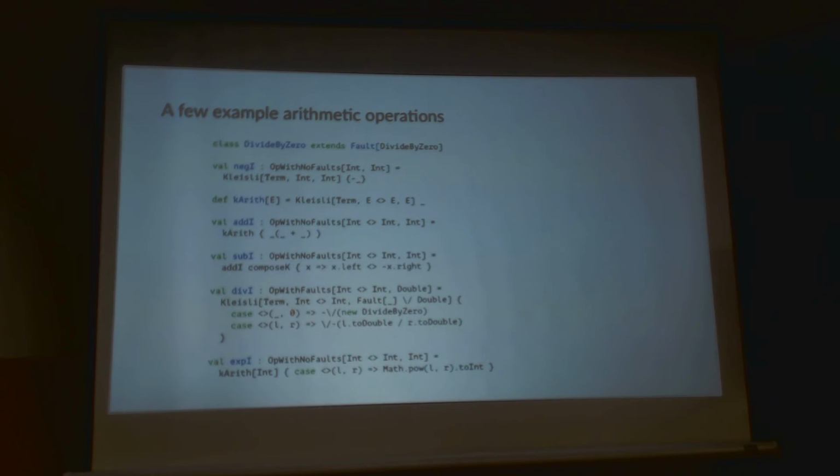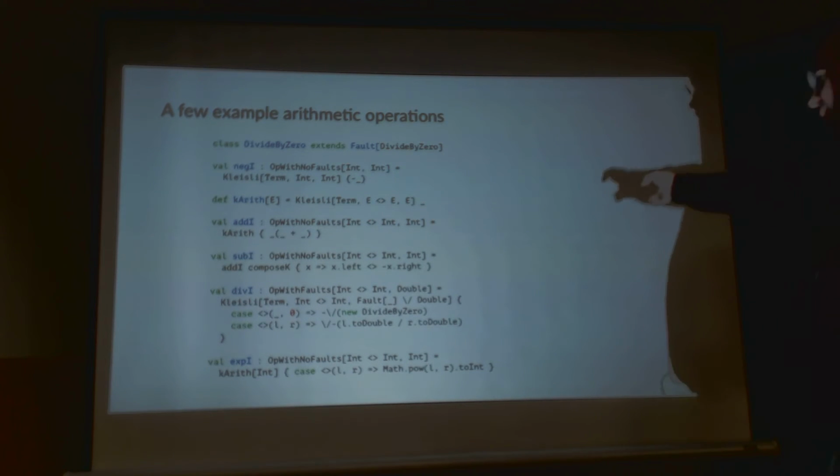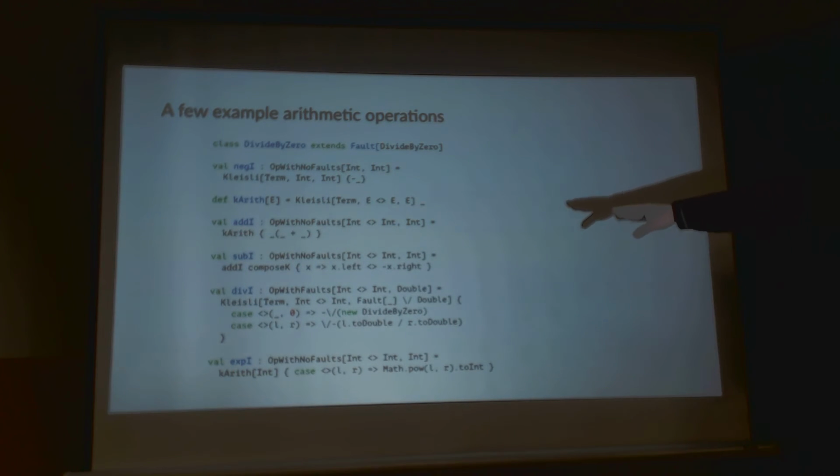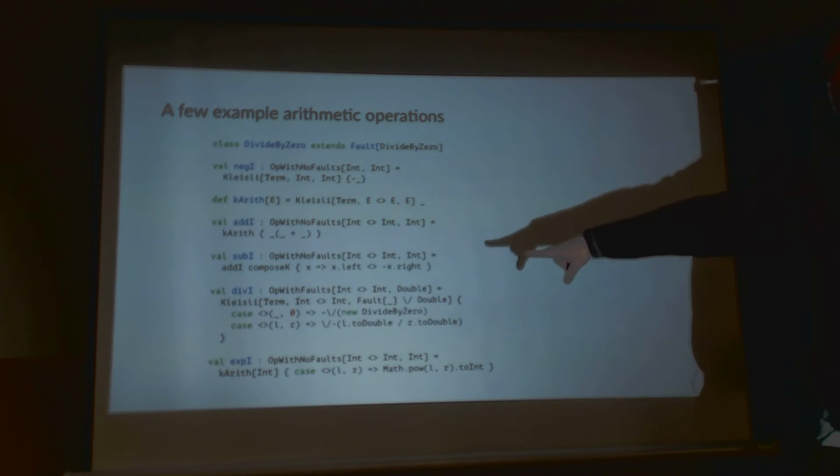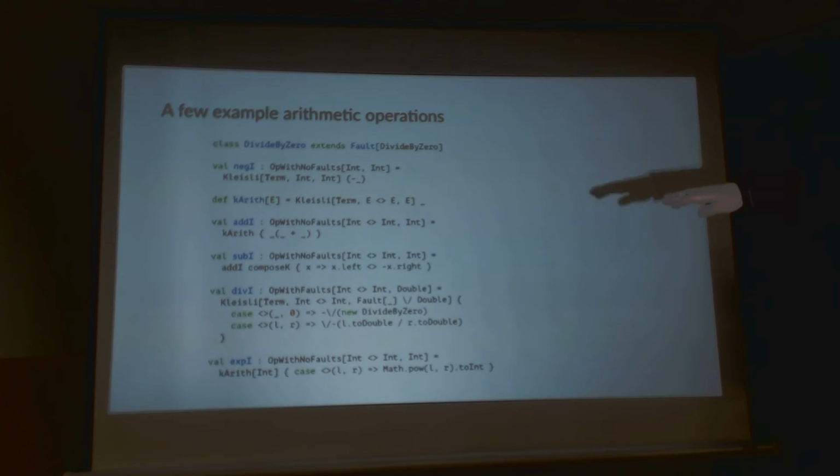We have addition, subtraction, which is kind of interesting in the sense that subtraction is just like addition, except you're just negating the right side. So we do a compose K, which is a function on Kleislis. We're going to compose with a function. We have division right here, which is our first case where we're actually using an operation with faults.